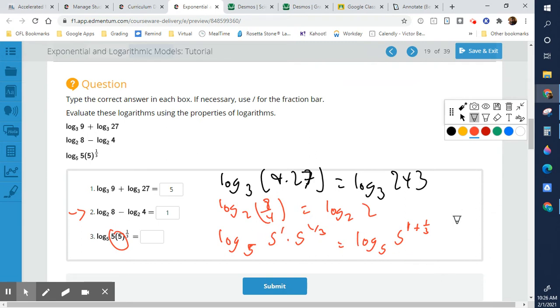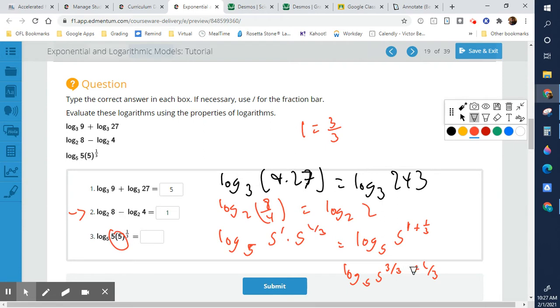I don't know how to add 1/3 to 1, this whole number. So I have to rewrite it as log base 5 of 5 to the 3 over 3 plus 1 over 3. That's how I got to this point right here: 1 is the same thing as 3 divided by 3. So this lets me add them together.